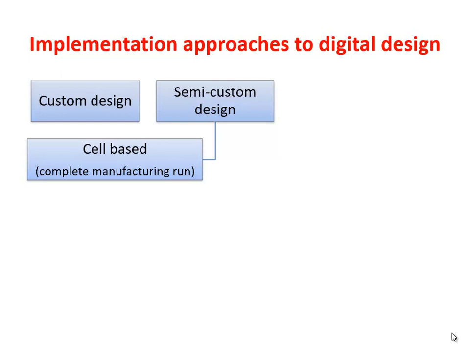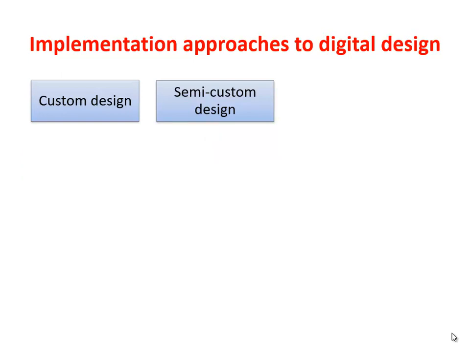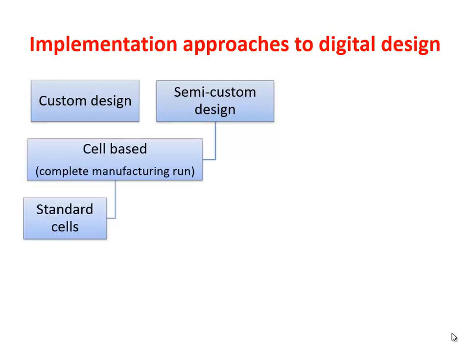Then, in the category of cell-based design, we have the two subcategories that I discussed previously. Standard cells, in which the cells that have been already designed are relatively simple ones, such as logic gates or single registers. Or the other possibility is to design with macrocells, in which one has relatively large blocks that are already designed.